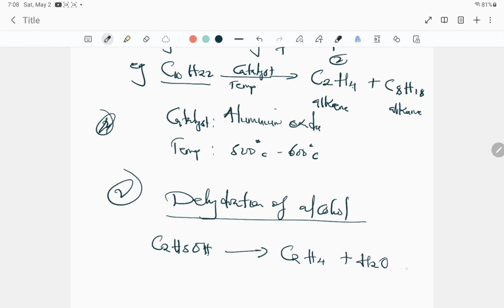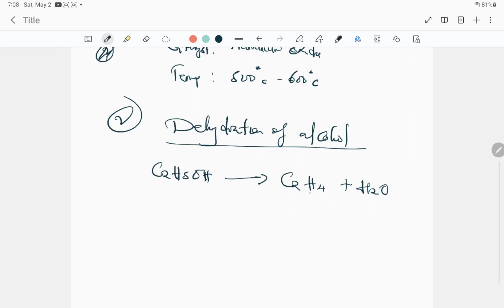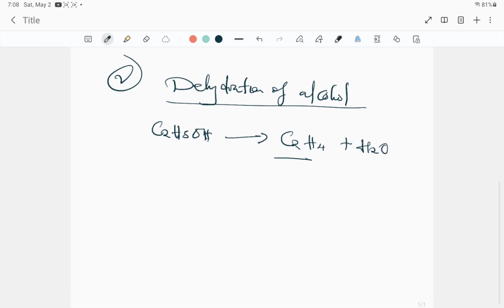We have produced our alkene by dehydration of alcohol. So these are two ways in which we can produce alkenes, by dehydration and cracking.